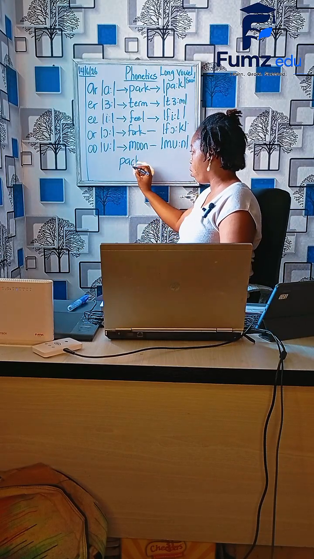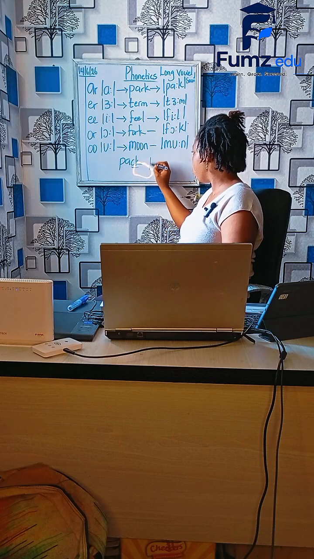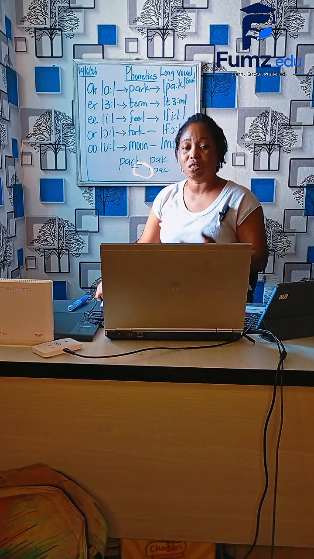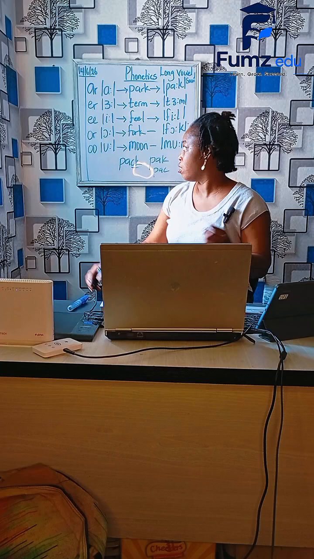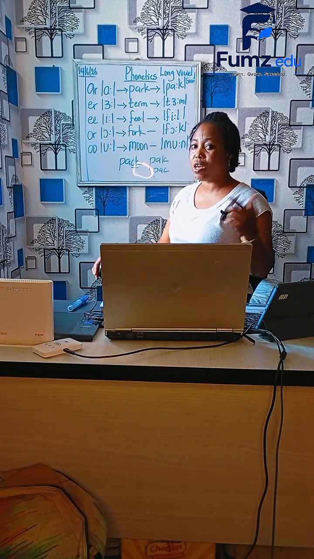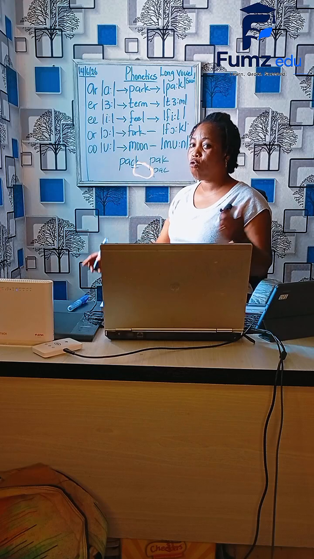Some that are not well grounded with their CK will write this for you, or they might write this for you. But the moment you know this is what you are pronouncing, when you pronounce the word, you have to make it come out very well. Pack, and you have your turn, you have your feel, you have your fork.